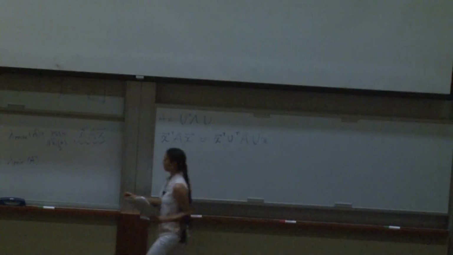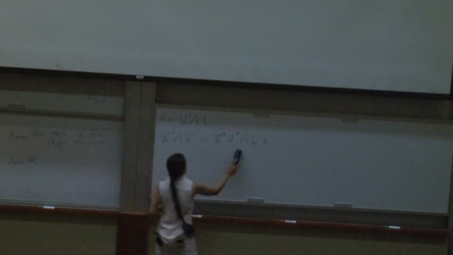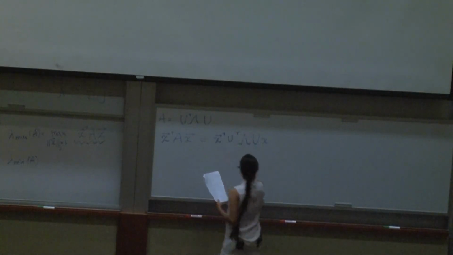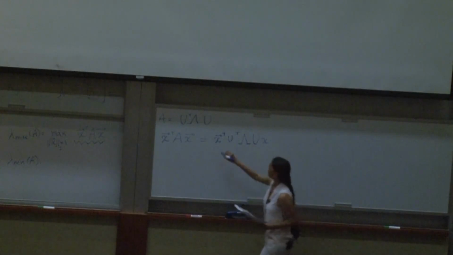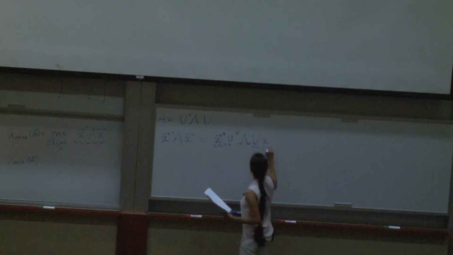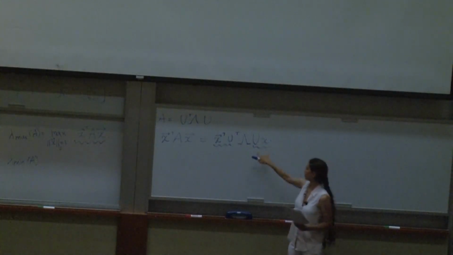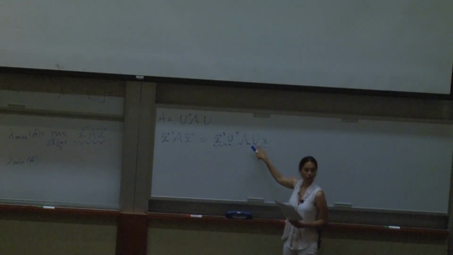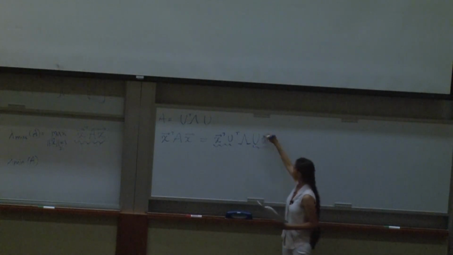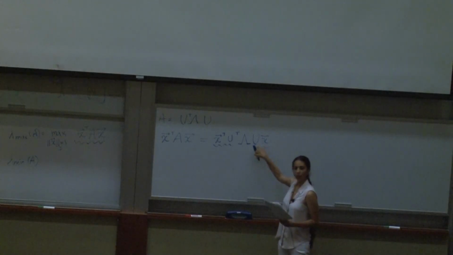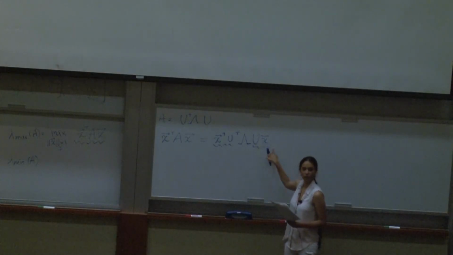What do I want to have? Lambda, yeah. Now, what do I have here? Can I replace this somehow? U is now an orthonormal matrix. X is a unit vector. So what do we know about orthonormal matrices multiplying unit vectors?